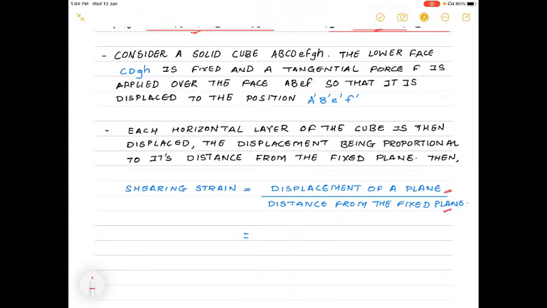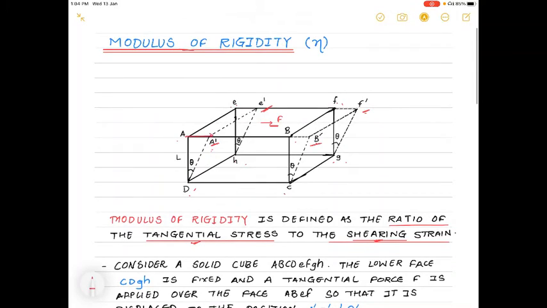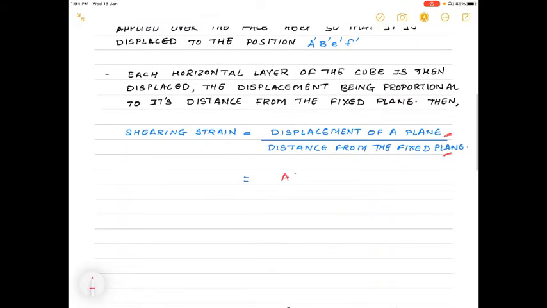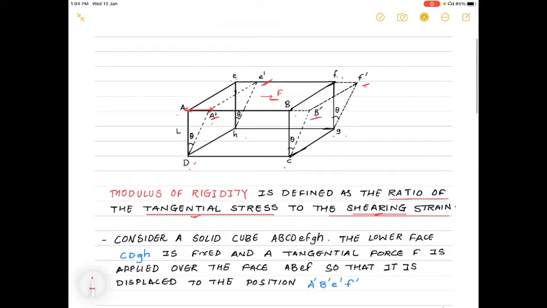Now the displacement of the plane is what? AA prime. This is the displacement of the plane, divided by the distance from the fixed plane. C, D, H, G is the fixed plane. So the distance of the displaced plane from the fixed plane is AD.